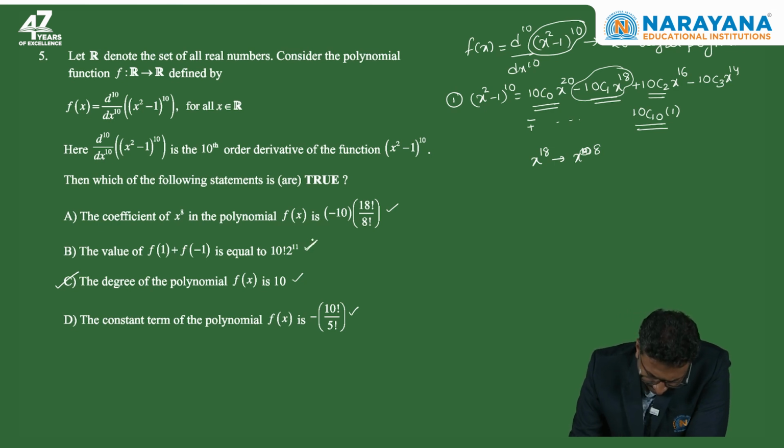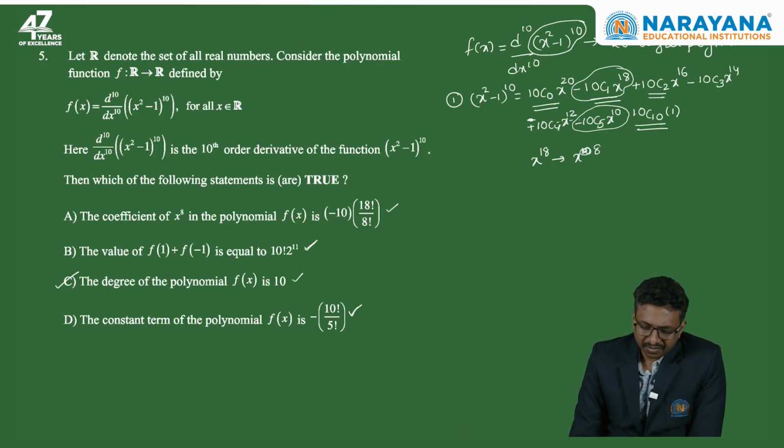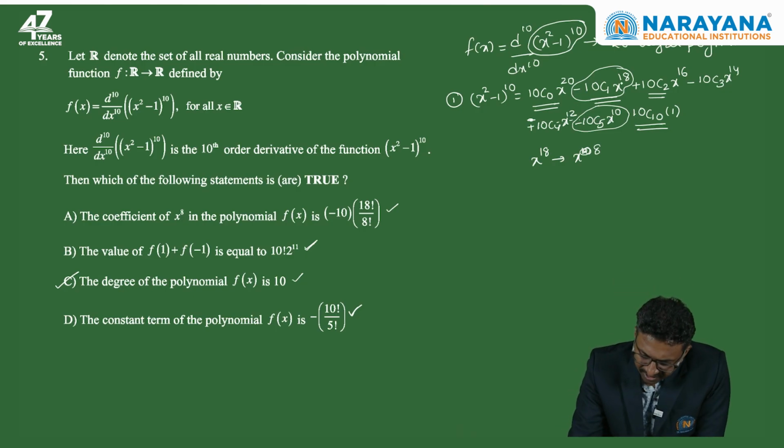Let us do that afterwards. And the constant term: as you go forward, the x^10 term will be there, minus 10C3, so plus 10C4 into x^12 minus 10C5 into x^10. So this term is going to become the constant term after 10 differentiations. So let us do 10 differentiations here.